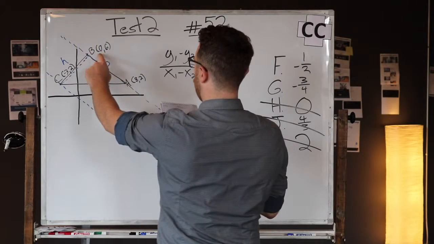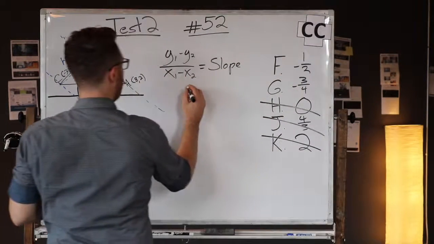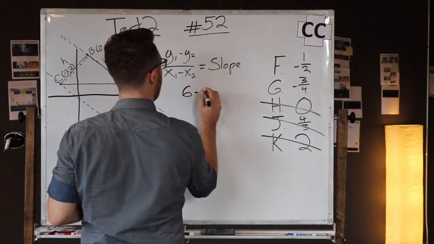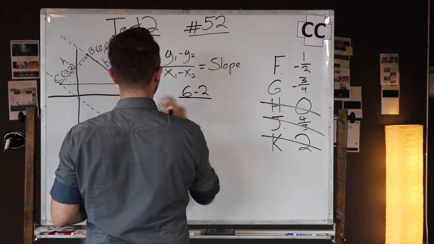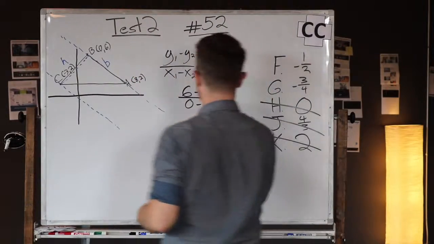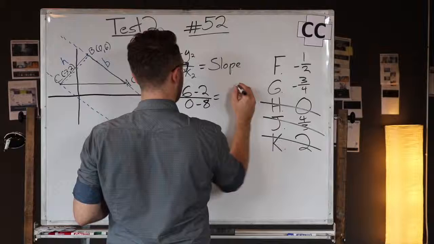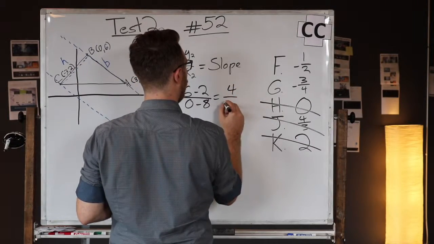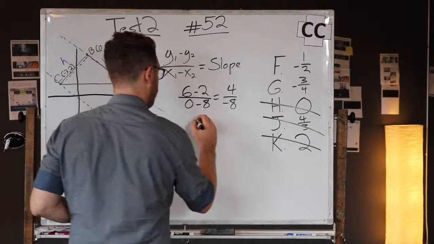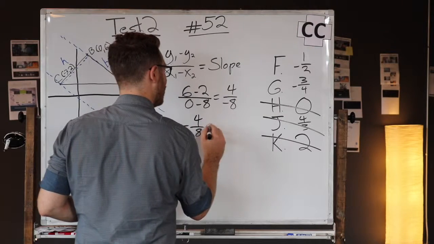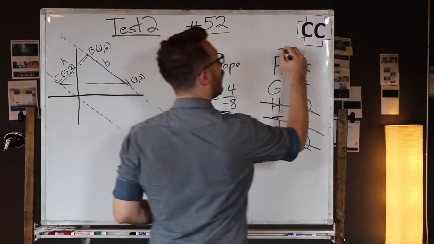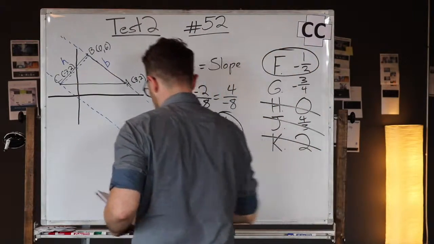I'm going to make y1 over here 6, and then y2 is going to be from A, 6 minus 2. Now let's look for our x's. I have 0 minus 8. That will equal a total of 4 over negative 8. We can easily reduce that fraction down. 4 over negative 8 is the same as negative 1/2, which is our first letter option of F.